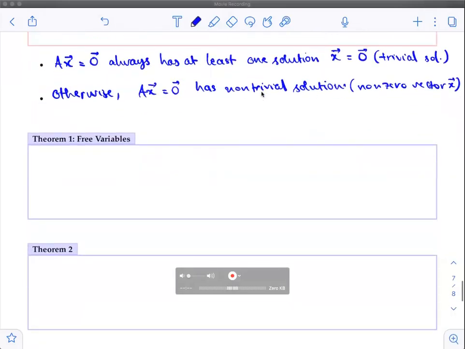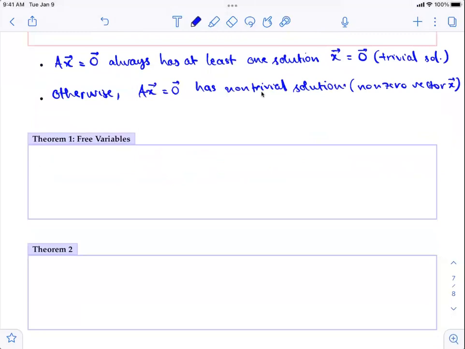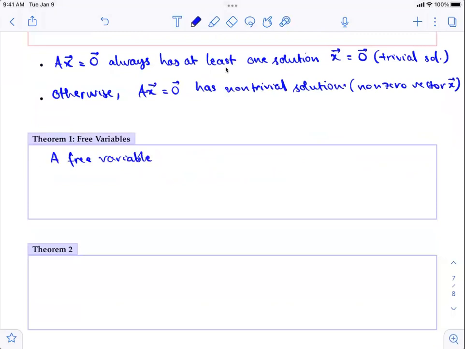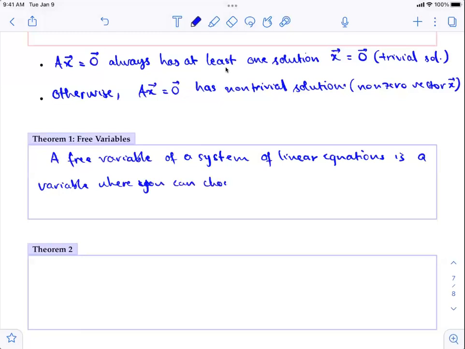Okay, so now moving on to the next definition, which is called the free variable. A free variable of a system of linear equations is a variable where you can choose any value for the variable.